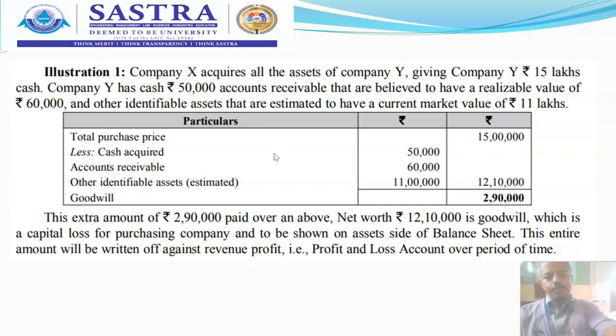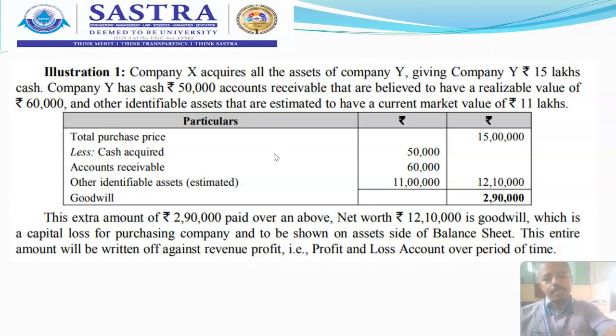So let me give you a small sum which is most predominant for a multiple choice question. Company X acquires all the assets of Company Y, giving Company Y rupees 15 lakhs cash.